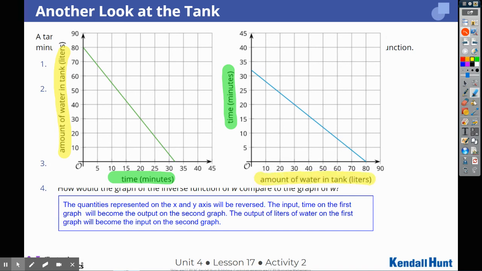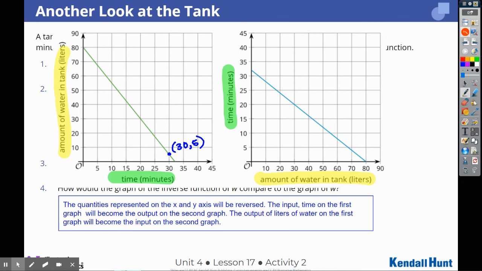So our variables that we have on our X and Y axis are just reversed, but the data on the graph stays the same. So it doesn't matter if we're looking for 5 minutes or 30 minutes. So at 30 minutes, we knew that there were 5 liters. So at 30 minutes on the first one, we have 5 liters of water in the tank.